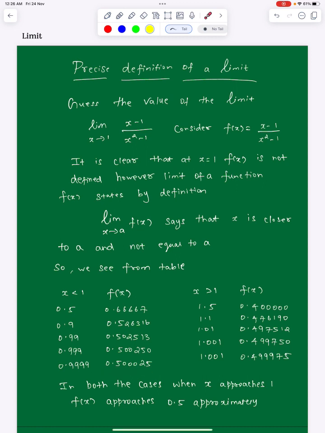When you take values very close to 1, you get 0.50025, which is almost 0.5. On the other side, when you take 1.5, f of x is 0.4.